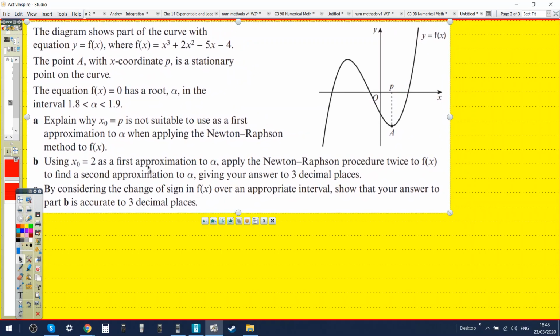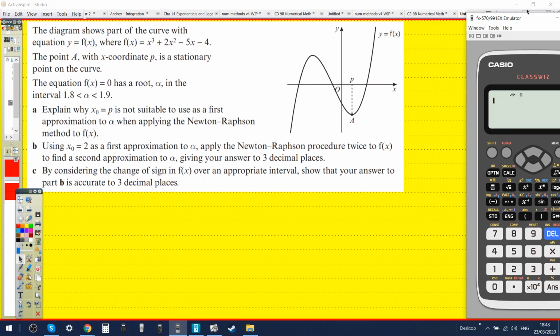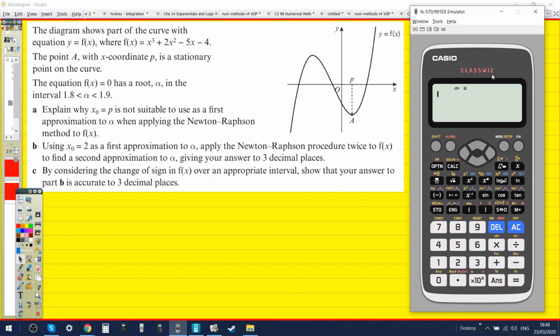So try part B. x0 equals 2. Use it twice on f of x. So we do 2 and press equals, and then use answer.